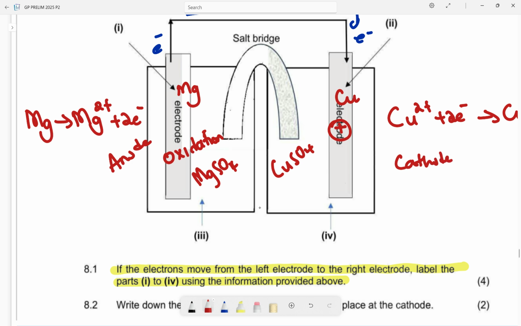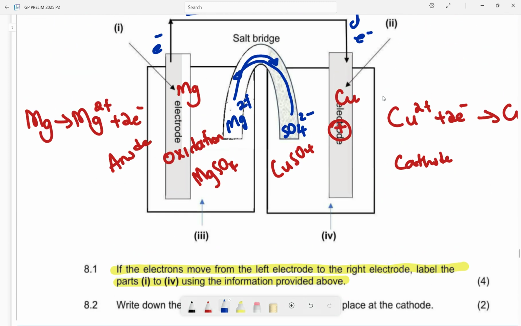What's going to happen is that since this one is releasing 2 minus, we will try to neutralize those 2 minus by taking SO4 2 minus from this point to that side. And this one, since it becomes more negative, we are trying to balance it with more positives, so we will release more positives to that side. So we are trying to balance the cell neutrality.